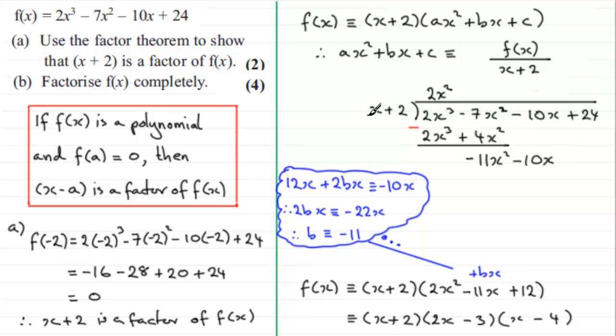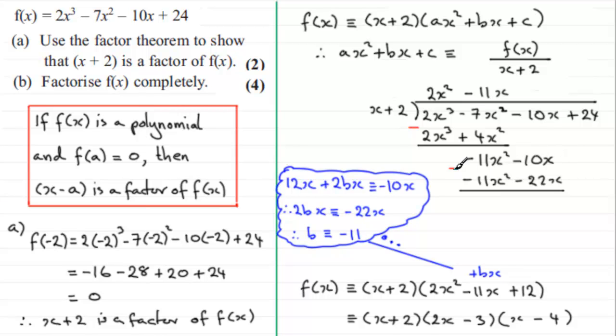What do we multiply x by to give minus 11x squared? Well, it's going to be minus 11x. And now we do minus 11x times x plus 2. Minus 11x times x is minus 11x squared. And then minus 11x times plus 2 is minus 22x. We now subtract these two from one another to work out what the remainder is.